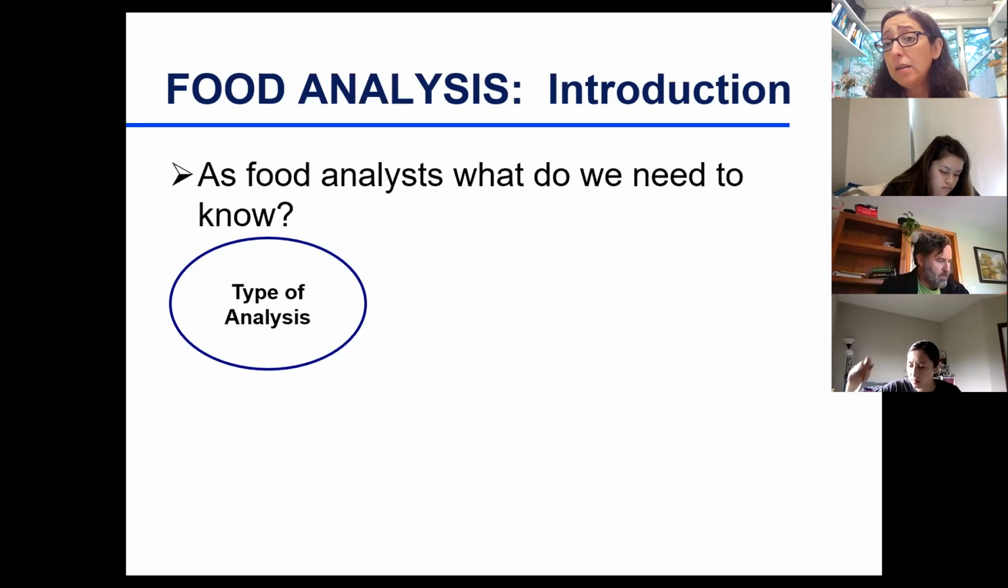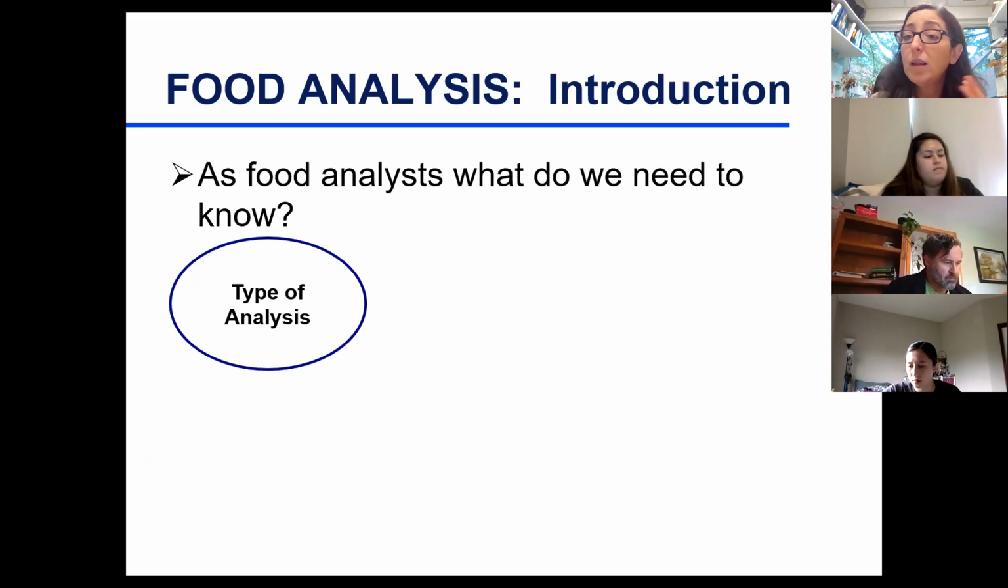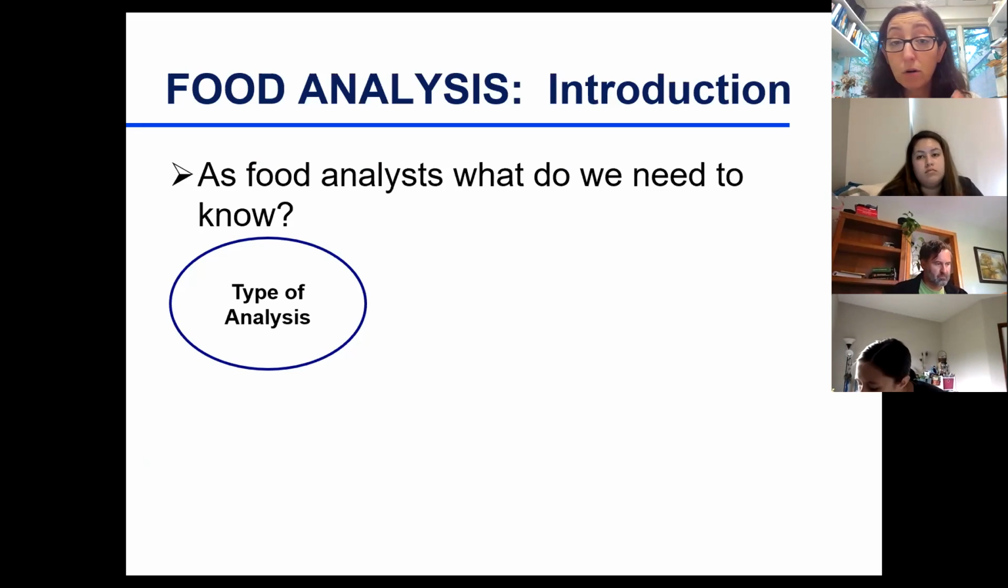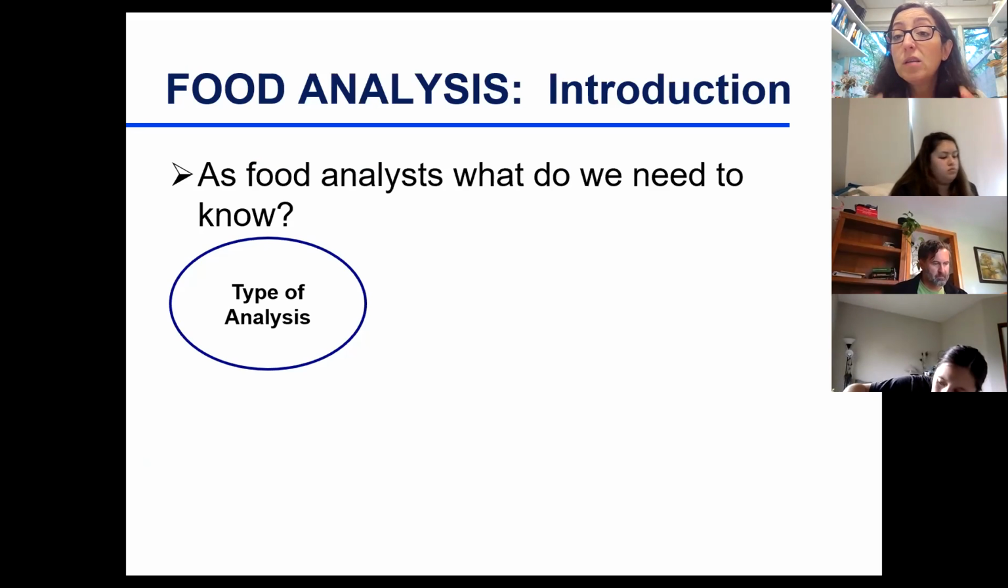And the type of analysis is really dependent on the objective and the type of food. So why do we want to do analyses? Is it for nutrition labeling? Is it for quality assessment during production? Are we looking for contamination and residues of concern? So what is the objective? And also, what is the type of the food we are working with?